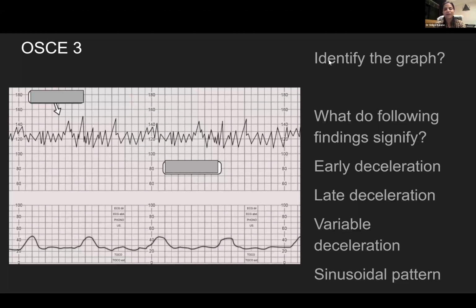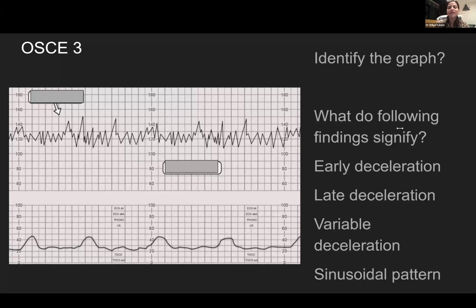Sanika is saying graph. Mayur is saying variable. What is the graph type? Dr. Rani is saying CTG. Ankita is saying variable. Mayur is saying CTG.